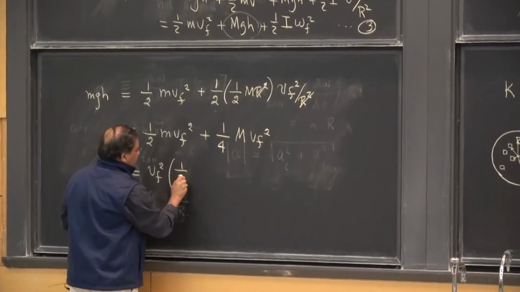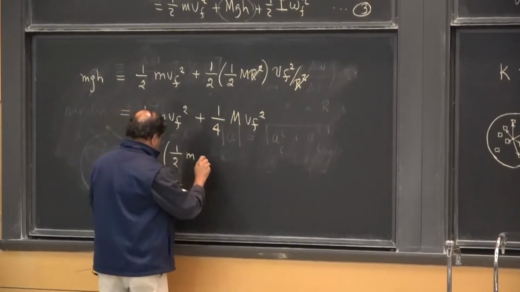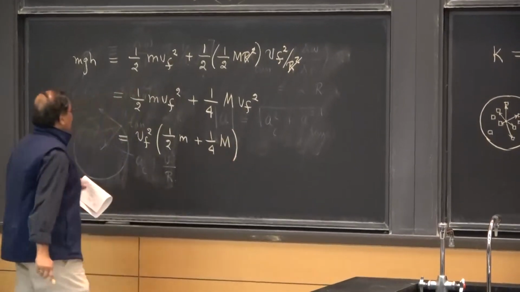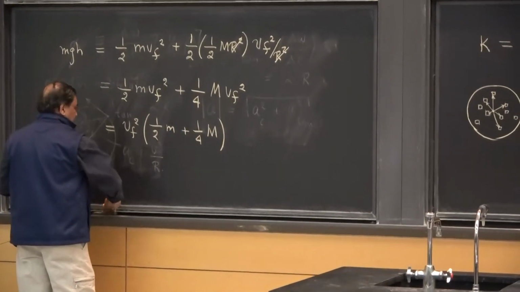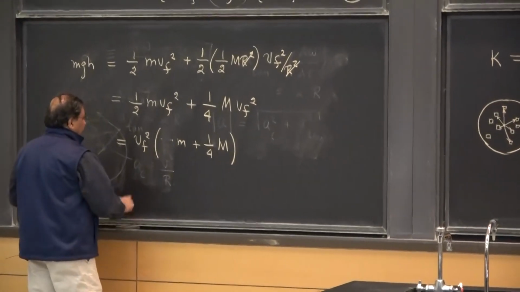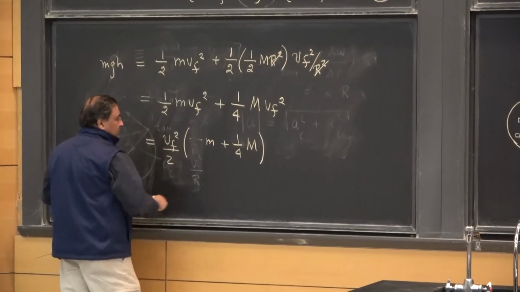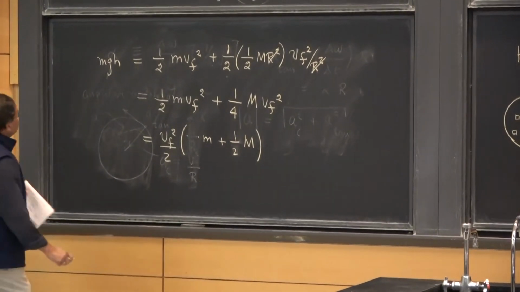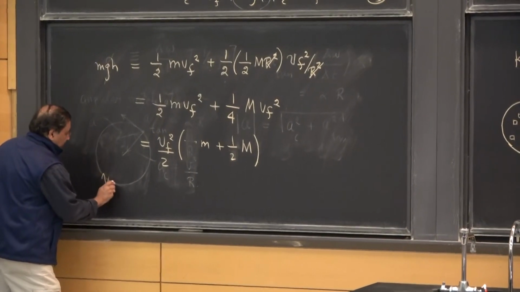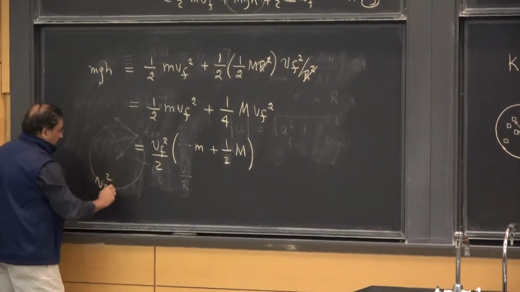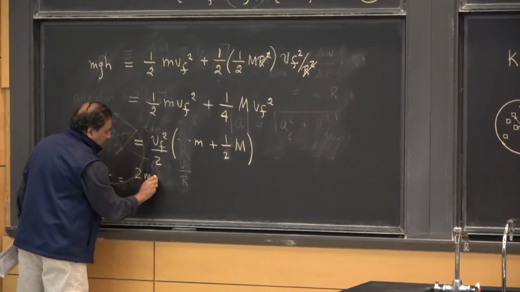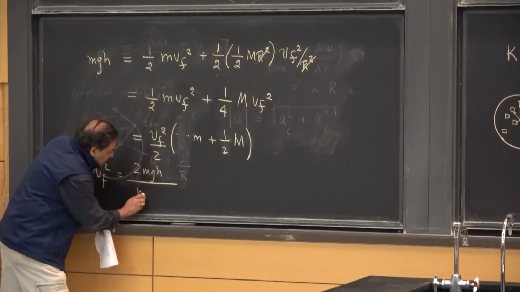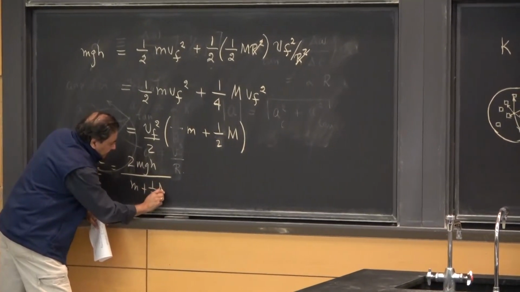I have 1/2 m, small m that is, and then I have 1/4 big M. So what I can do is take out this half outside and make this 1/4 into a half. That looks a little nicer. So now I can write v final squared is 2 mgh divided by small m plus 1/2 big M.